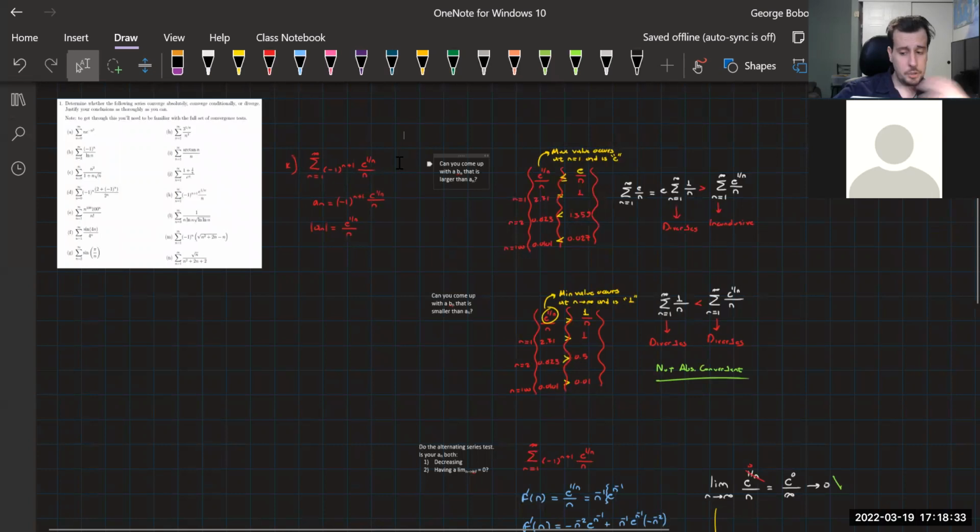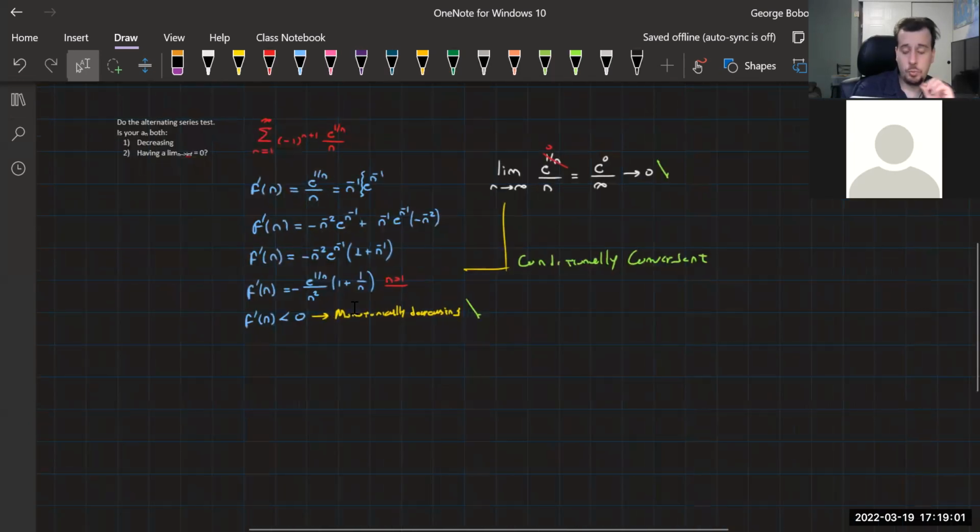Honestly, I took a lot of time to think of good questions to ask, and in a lot of questions I saw, how you started was always with absolute convergence. Sometimes it might be a waste of time. You might think, why am I checking for absolute convergence when I don't even know if the series itself converges or not? Here's the thing. Let's say you did it this way first.